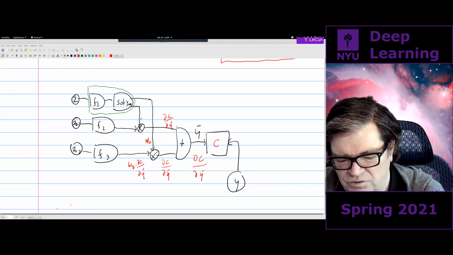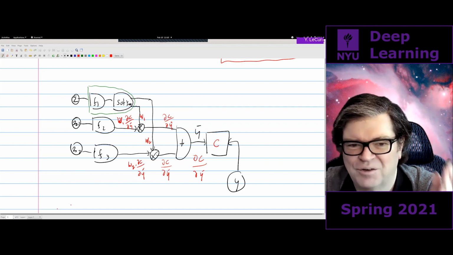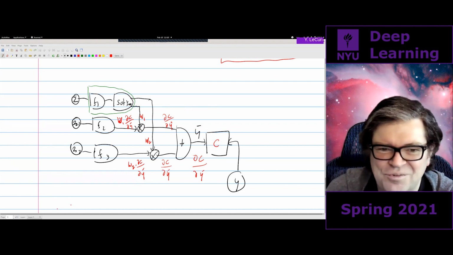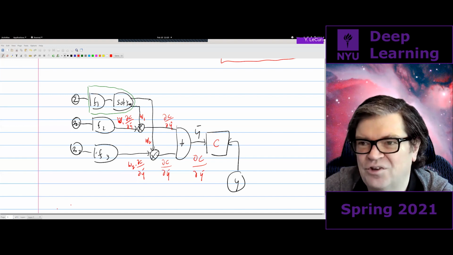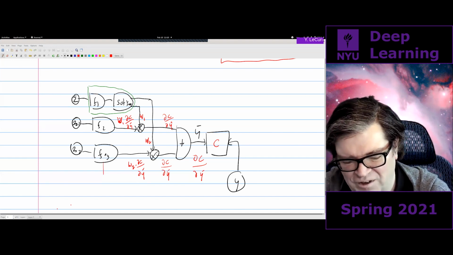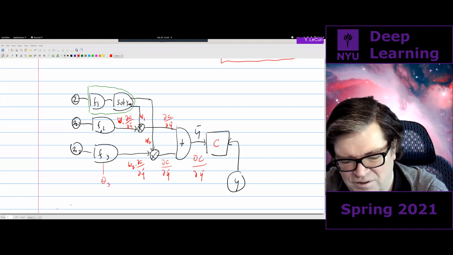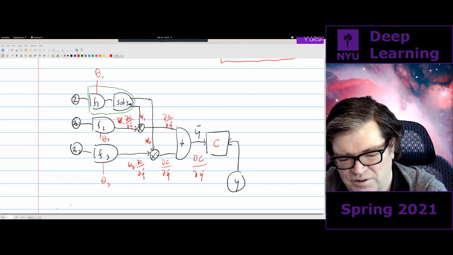Here, if this is W1, I get W1 times dc over dy bar. Then I take those, this is a vector, and I backpropagate it through the network, and we've already seen how we backpropagate through neural nets. It's going to happen inside here, and you're going to get a gradient with respect to the weights of this guy, which I'll call theta 3, theta 2, and this is theta 1.